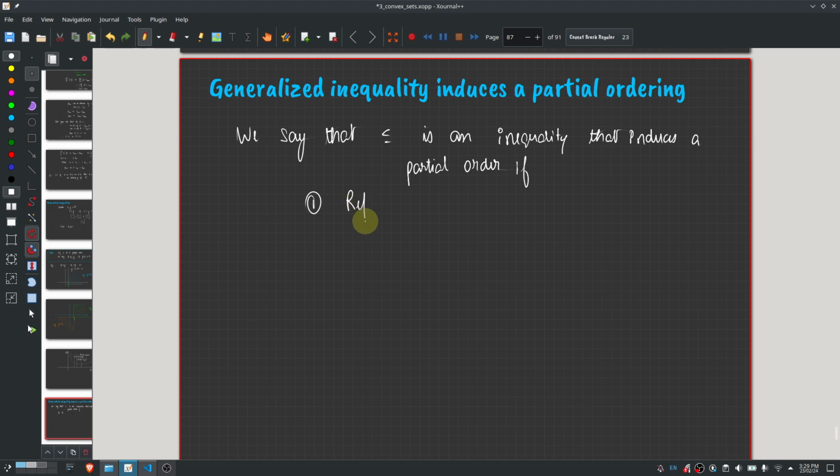It is reflexive, which means that x is less than or equal to x for all x in the set. The second, it should be anti-symmetric, which means that if x is less than or equal to y and y is less than or equal to x, then it should be the case that y is equal to x.